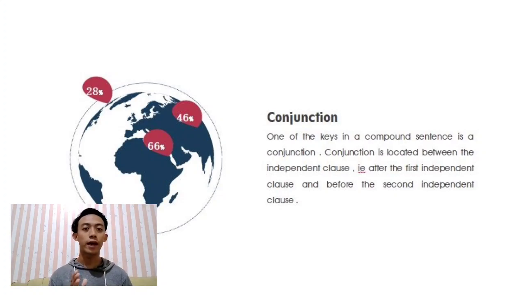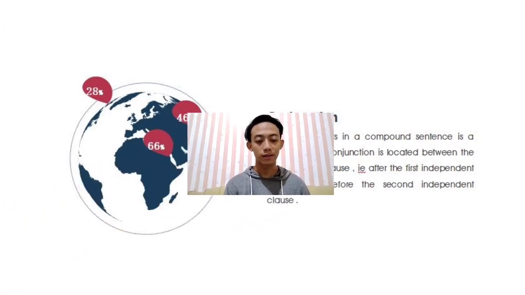Before we add the conjunction, in front of the conjunction we put a comma. The formula is: first an independent clause, then a comma, and after the comma we add a conjunction. After the conjunction comes an independent clause again. Okay, this is the formula when we need to use a compound sentence.